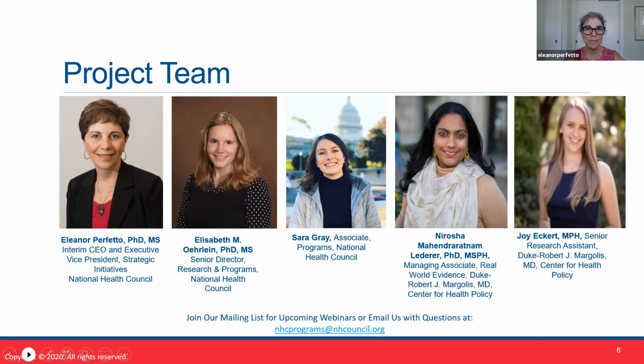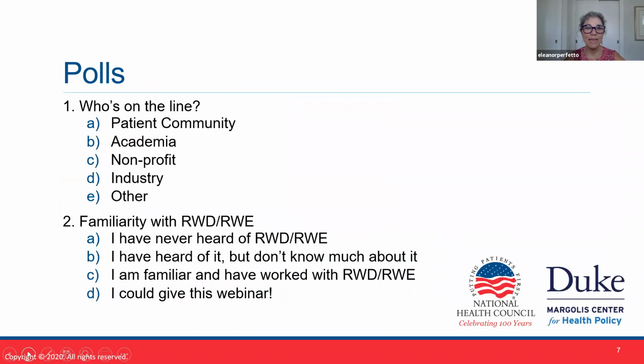Next slide, please. So we're going to begin with a couple of questions because we want to know more about who's on the line and who's participating today. If you would all answer this question: for the community that you represent, choose patient community, academia, nonprofit organization, industry, or other? Please take the poll now.